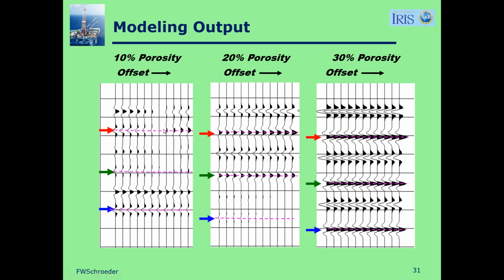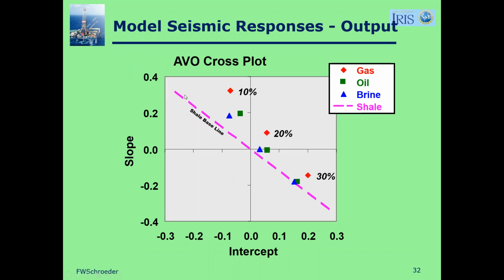This is the gas at 10%, 20%, 30%, the oil at the 3 porosities, and the water at the 3 porosities.